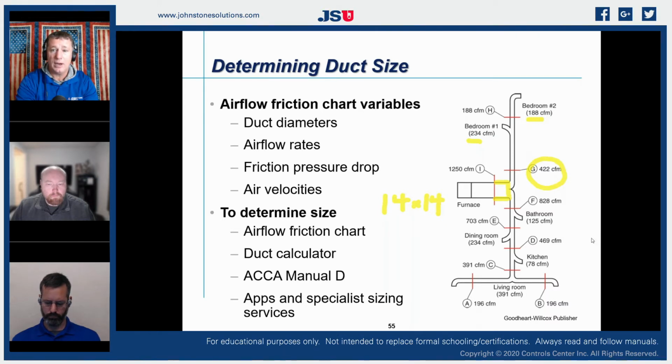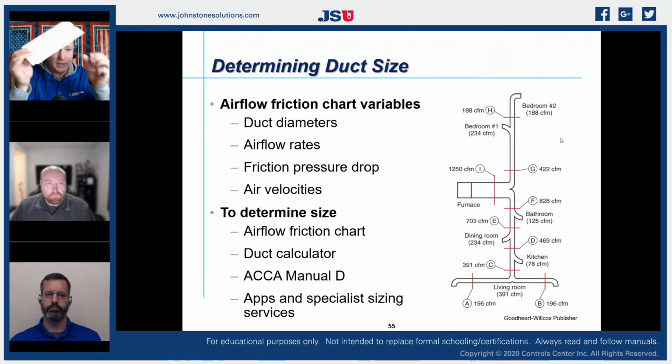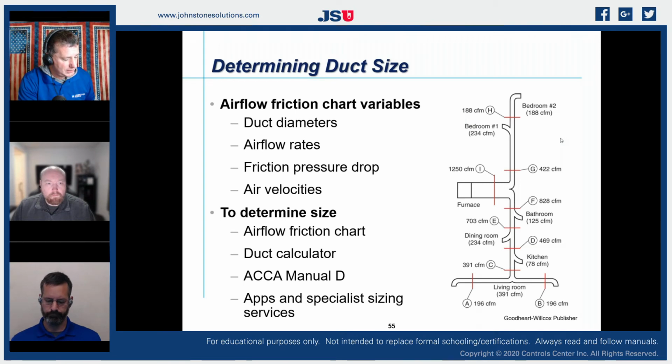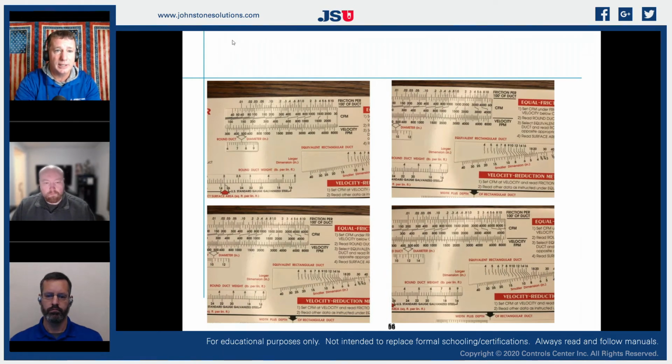This is where I can now start building my duct out. If I look at 422 CFM, I'm going to take my duct calculator again. I'm going to set it to 422 CFM at 0.1, and I actually threw some slides in here so we can take a closer look at that.